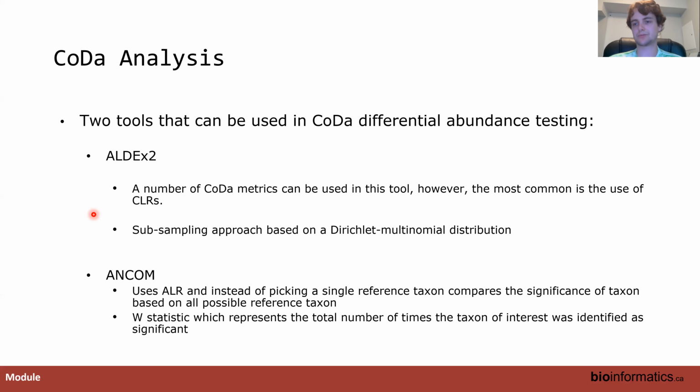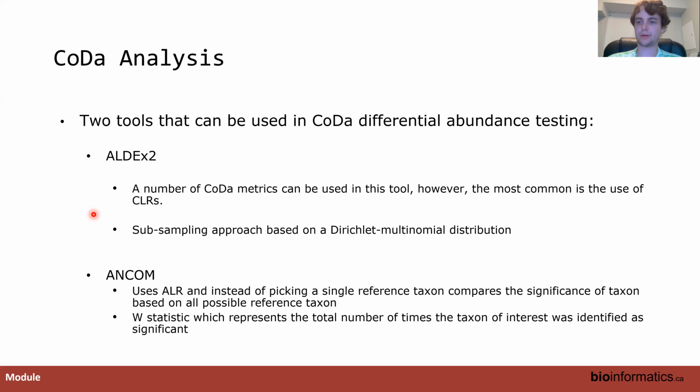And then it would take the next one, say a Bacteroides genus, and it would take that as a reference taxon and compare the abundances of the other microbes using that as reference. And what this means is that it generates what's called the W statistic, which is the total number of times the taxon of interest was identified as significant during all of the tests that it ran for that taxon.